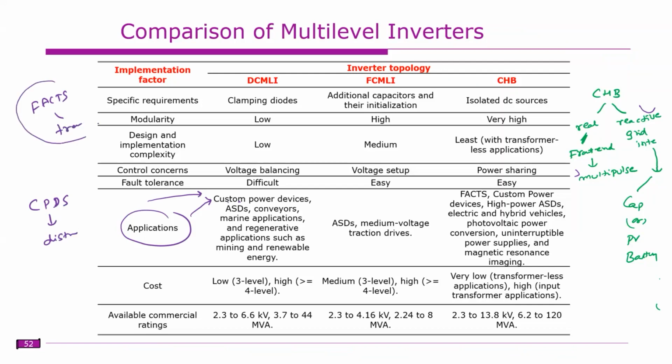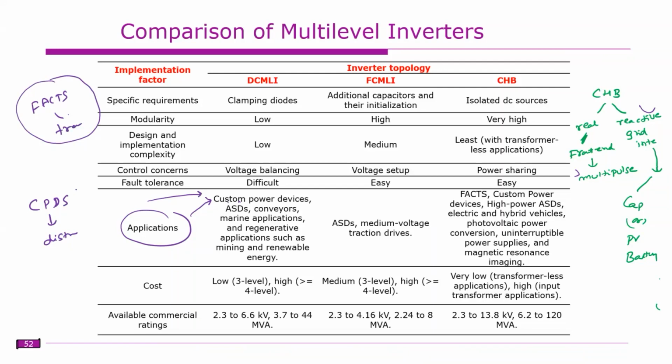By using FACTS, we can increase the power transfer capability. We can have reactive power compensation and voltage regulation at a particular bus. That means control of active and reactive power in a transmission line. Those things are possible.